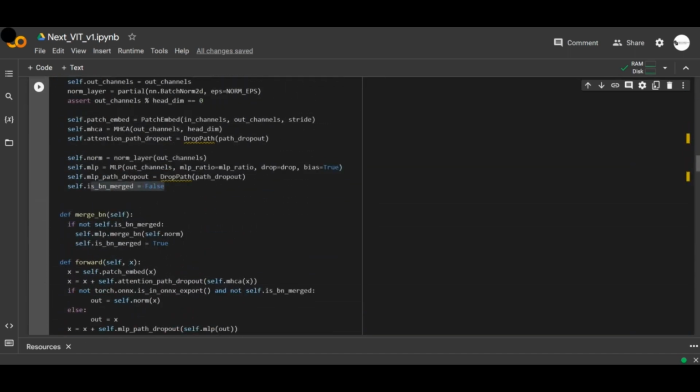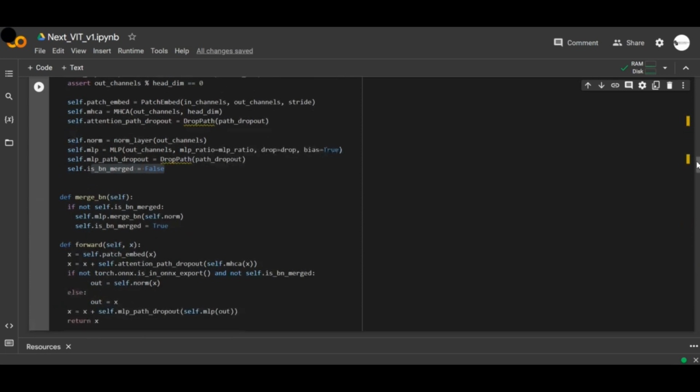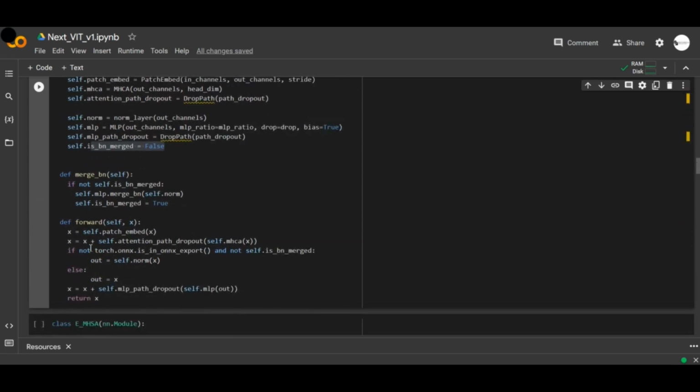So what we need to do is that, because like I said, when we first apply the patch norm, we have these residual connections. So we just need to make sure that after applying the multi-head convolutional attention, we add this to the input, and we do this after we apply the multi-layer perceptron.